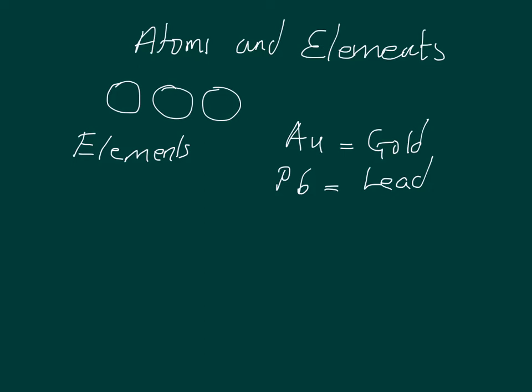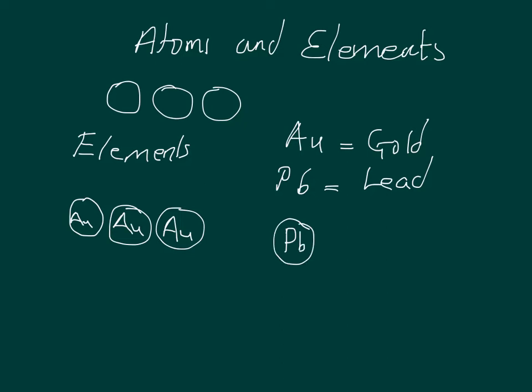So, a piece of pure gold would have atoms of Au, Au, Au, and a piece of lead would have atoms of lead and lead and lead.